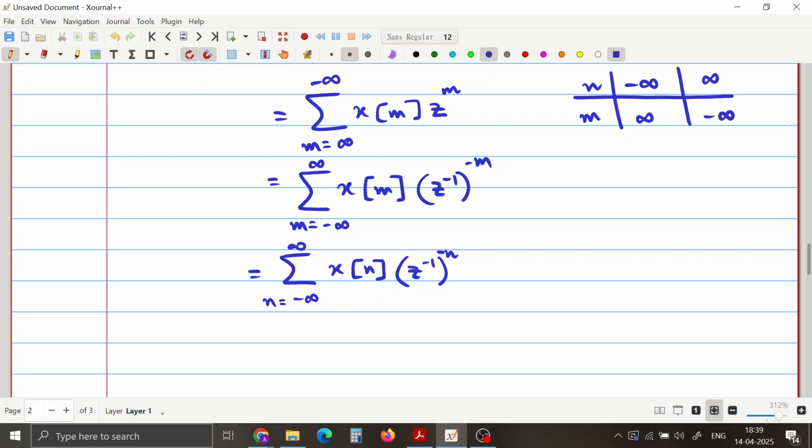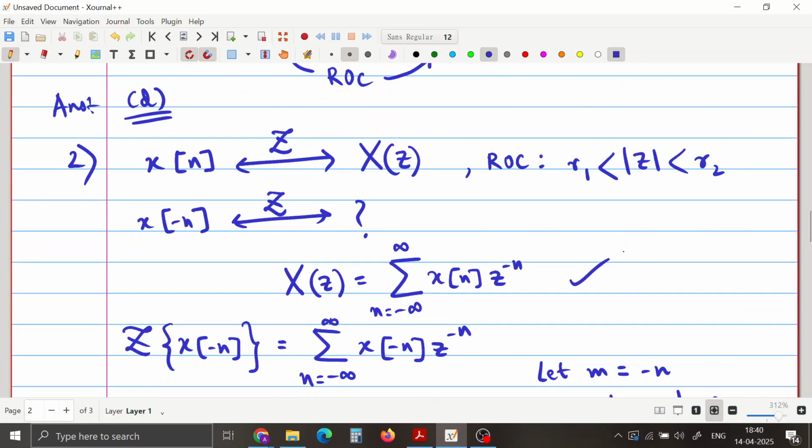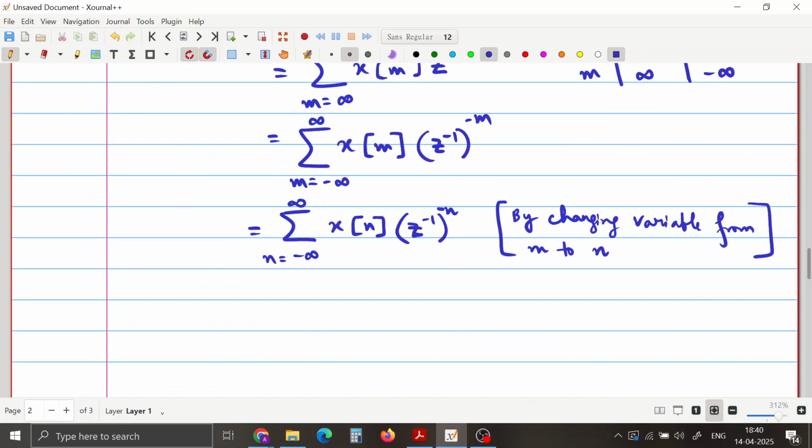Fine, now we have this form. What did I do here? By changing the variable from m to n, look at the form we arrived at. This is exactly the form of the z transform as I wrote before, with the only exception that instead of z on the right-hand side I have z inverse.